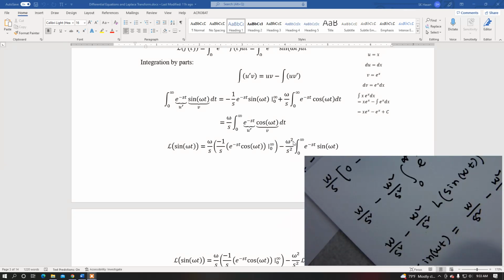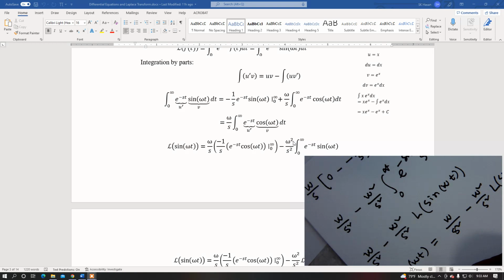If we simplify, the Laplace transformation of sine omega t times 1 plus omega square over s square equals omega over s square.